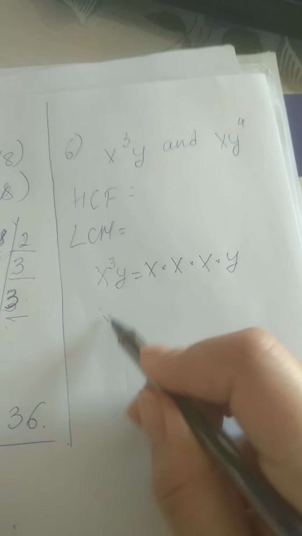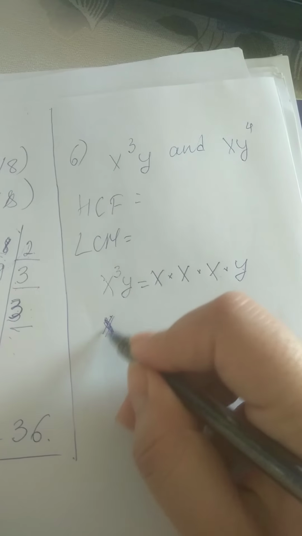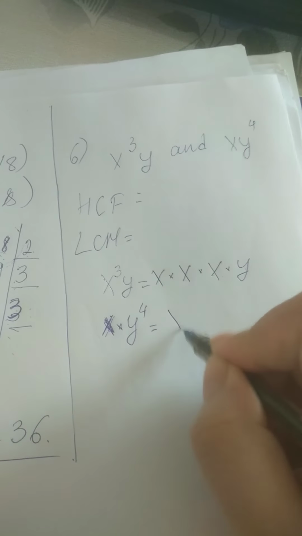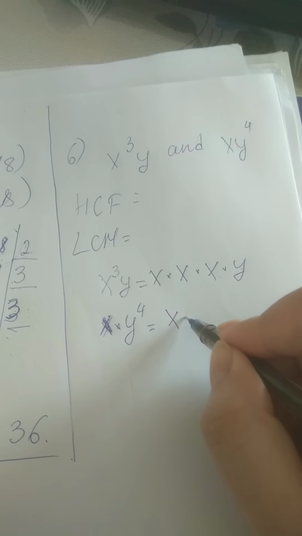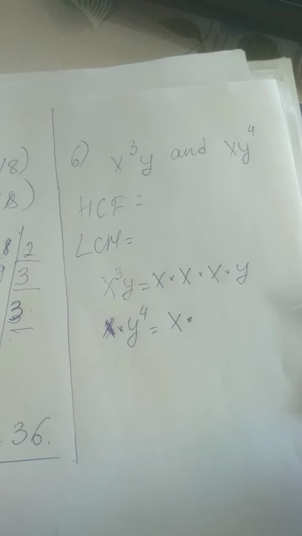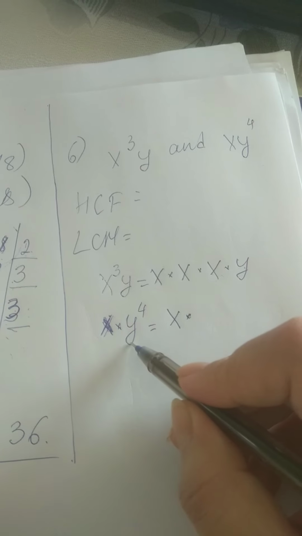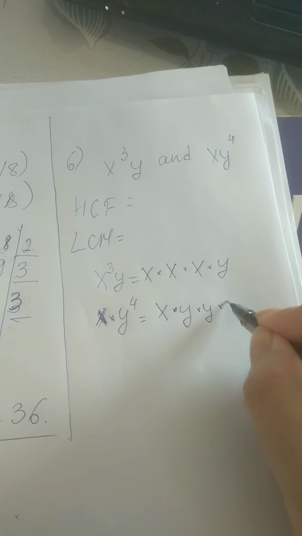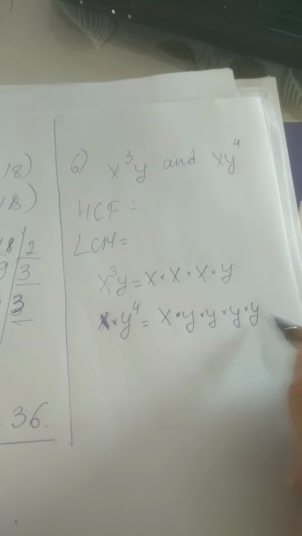What about x multiply by y power 4? We have 1x, that's why we don't need to change anything. So x multiply by what? We have 4y, that's why you should write y multiply by y multiply by y, again multiply by y.